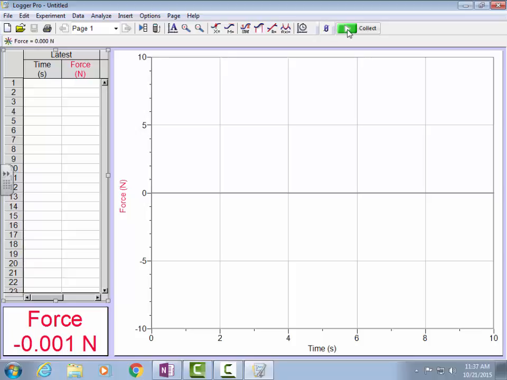Start plugging it into that calculator. Got to use it for something in this class. It's 1.02 times 9.8. What do you get here? So it's 10.